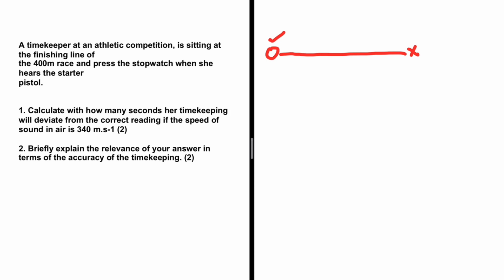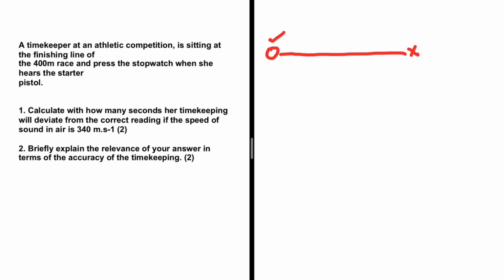It takes some time for it to travel through air. So how much time does it take for the sound to reach the timekeeper at the finishing line of the 400-meter race? That's what we are interested in. Calculate how many seconds her timekeeping will deviate from the correct reading.